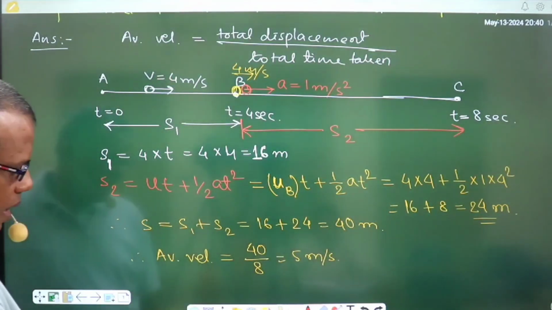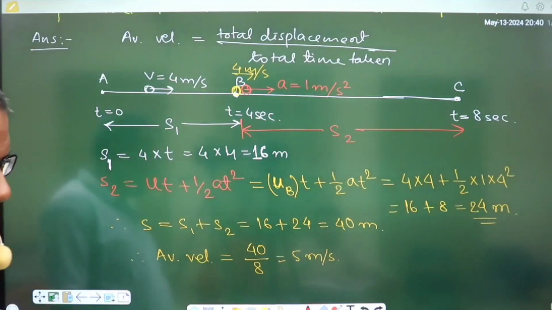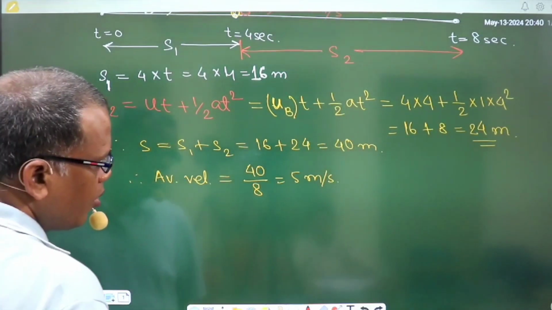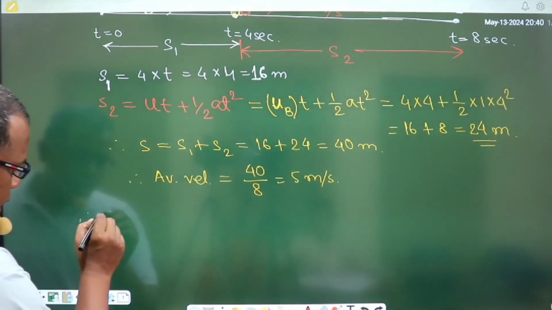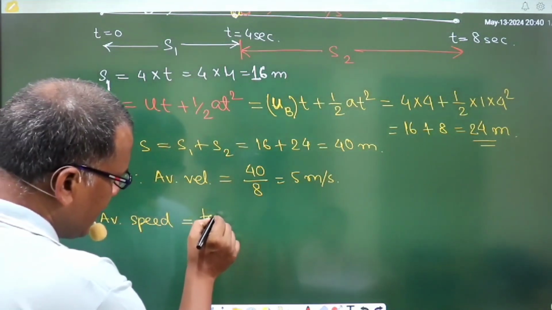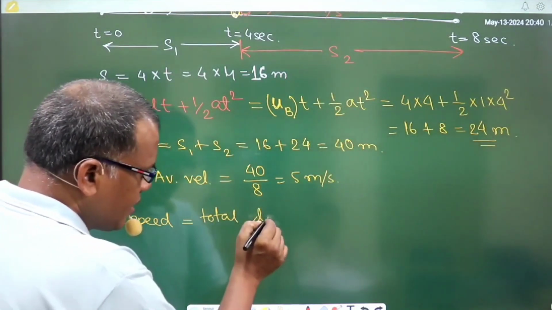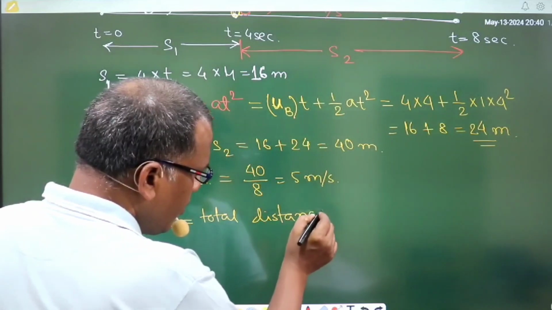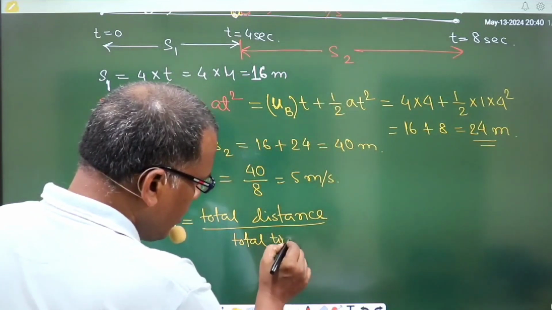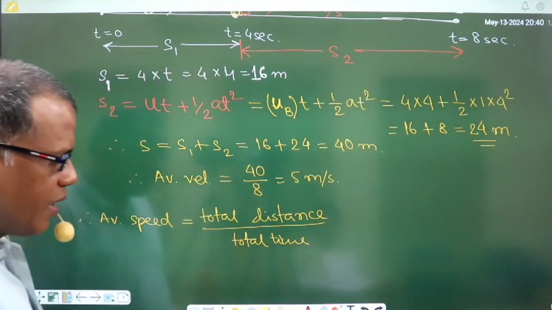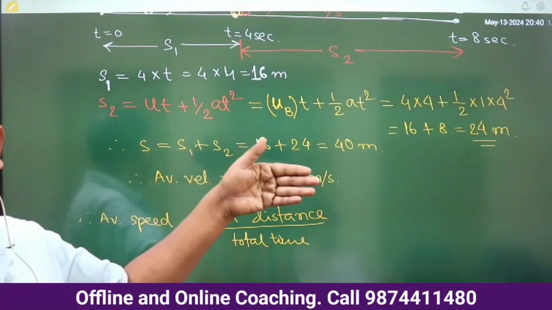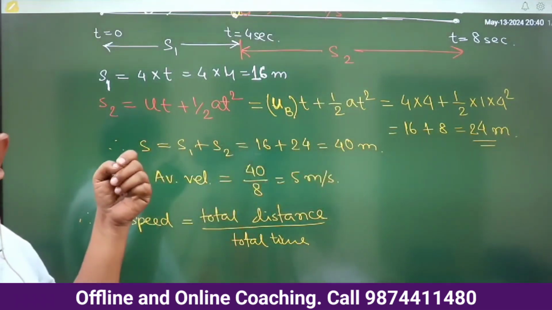Now the other part of the calculation relates to average speed. For average speed, it will be the total distance traveled by the total time taken, that is the total time of journey. In this particular case, we can see the particle is continuously moving forward. There is no backward motion involved in 8 seconds.